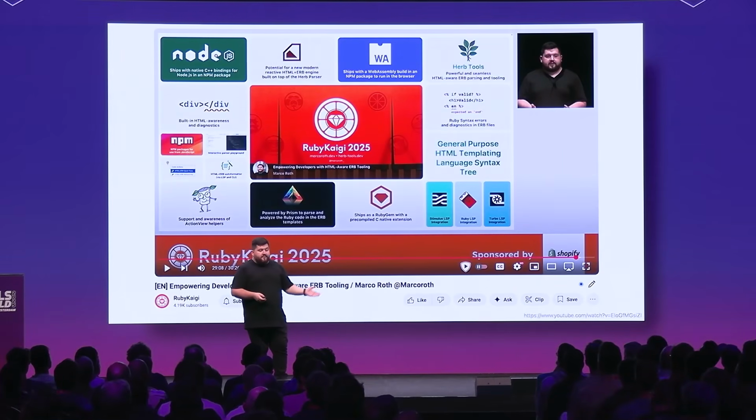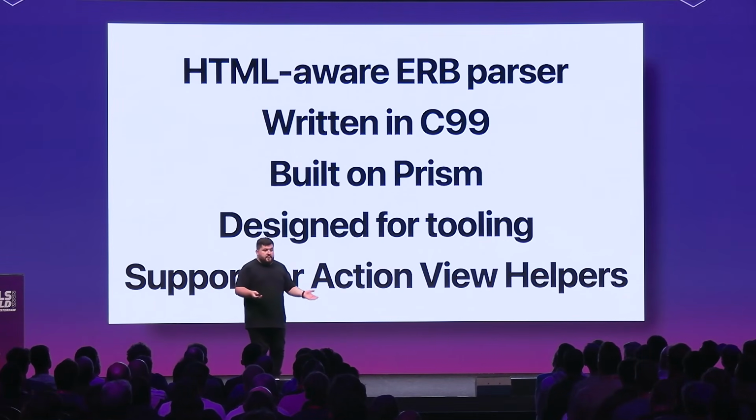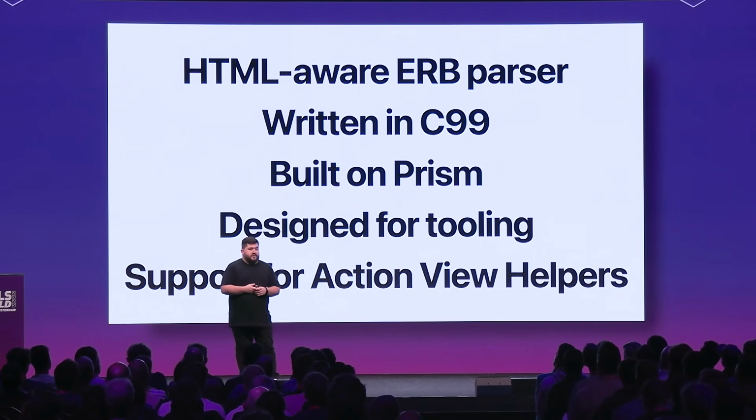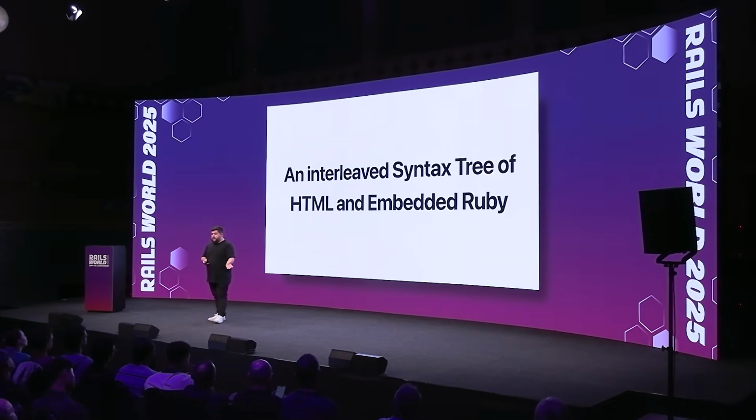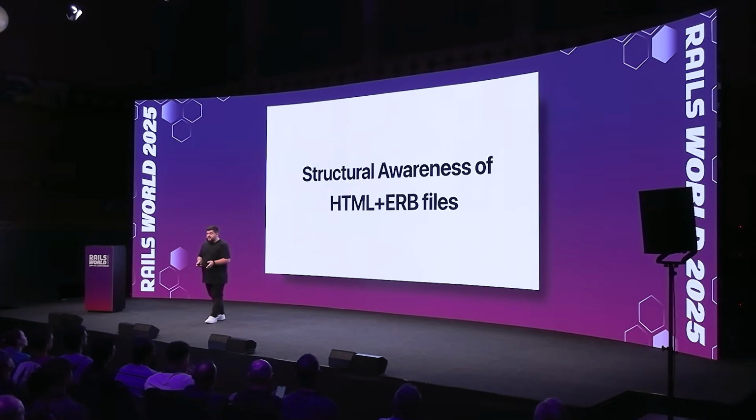But to recap from that talk, it is an HTML-aware ERB parser. It's written in C. It's built on Prism for processing the Ruby in the ERB, and it's designed for tooling. So what it gives you is an interleaved syntax tree of HTML and embedded Ruby. So we have structural awareness of the files.